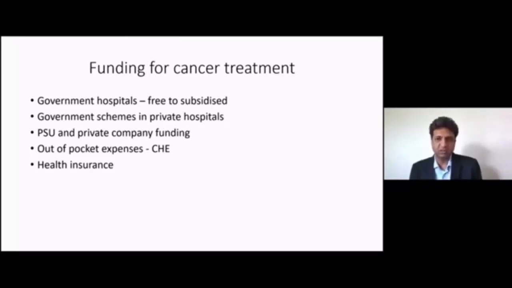Treatment which goes on in lakhs and lakhs of rupees can be very, very difficult, and not very many people have huge bank savings which can fund this treatment. On average, about 5 crore Indians drop from above the poverty line to below it purely because of out-of-pocket health expenditure.